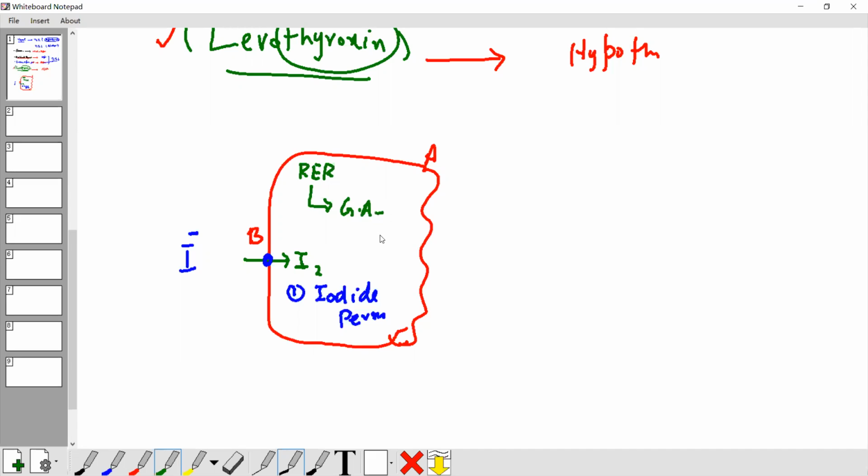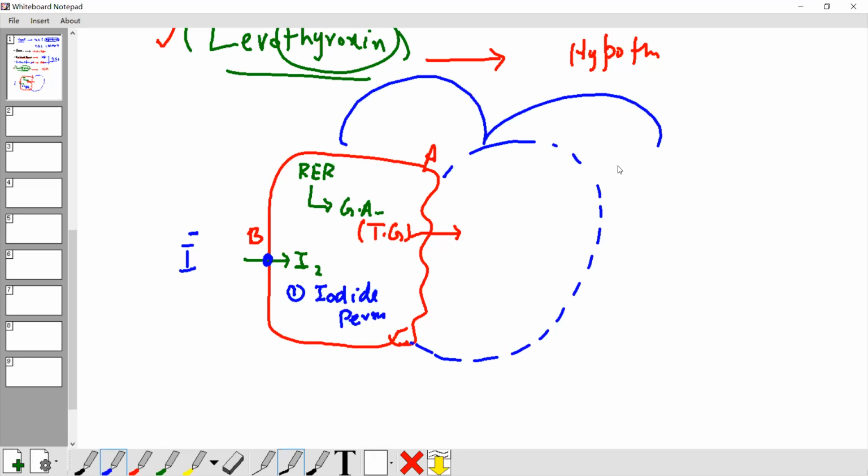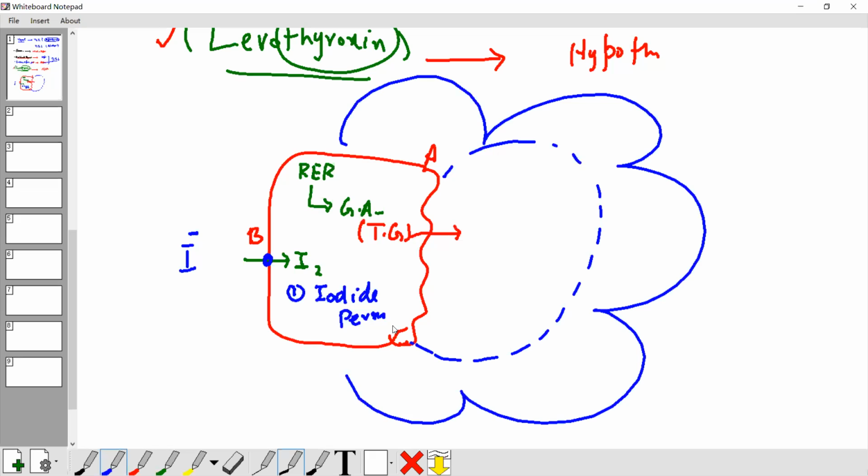The protein produced is thyroglobulin. This protein goes outside into the follicle lumen. One follicle is made of many cells around it.